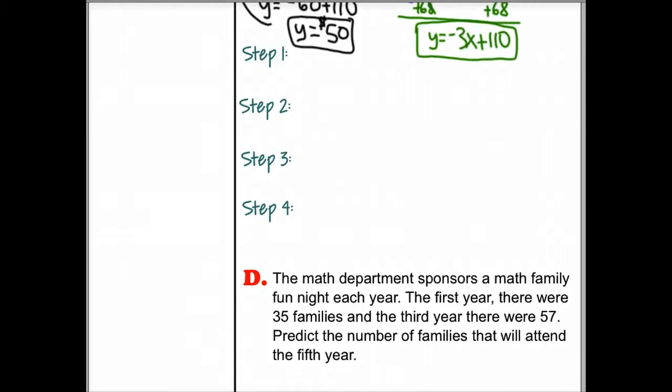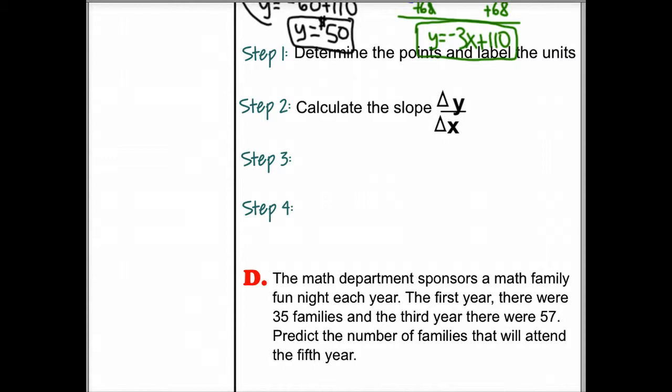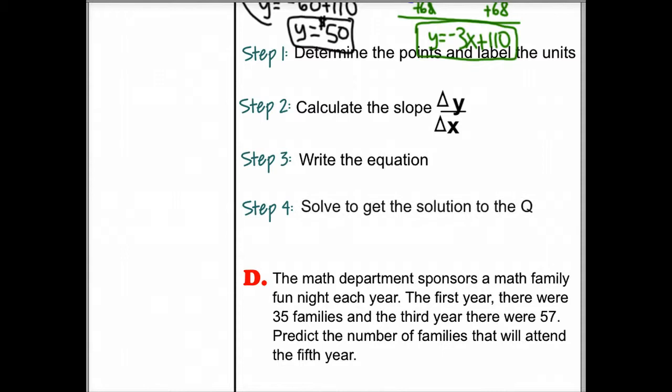Now let's look at what we've got here. So we want to determine the points and label the units, calculate the slope, write the equation, and solve. So in this set below, we have 2 points.